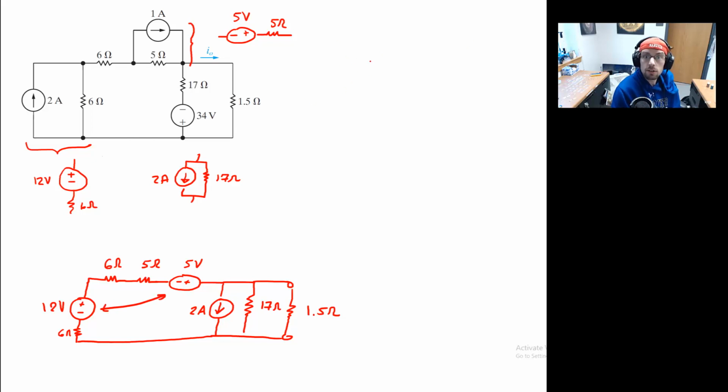So let's go ahead and do that combination. And I'll go ahead and use this white space up here. Right? So no extra fancy stuff needed. We have a 17 ohm resistor. And we have a 17 volt supply.